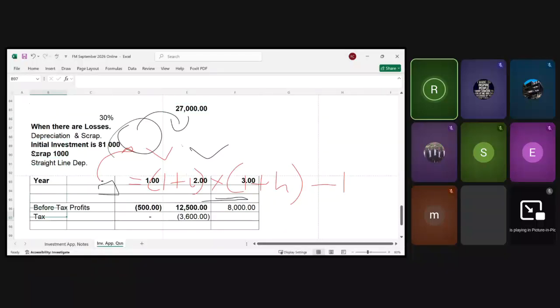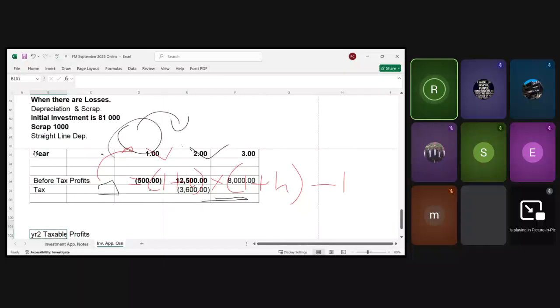What does that mean? It means after you are done with operating cash flows, when you do your investing side, where you are going to have initial and scrap, I have minus 81,000 as my initial, and scrap is 1,000 at the end.